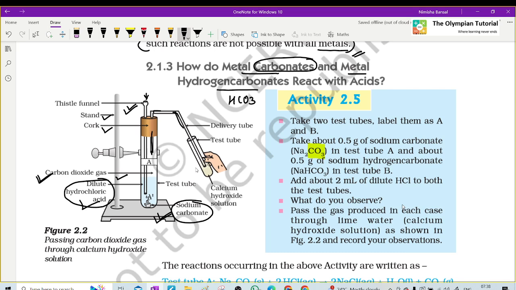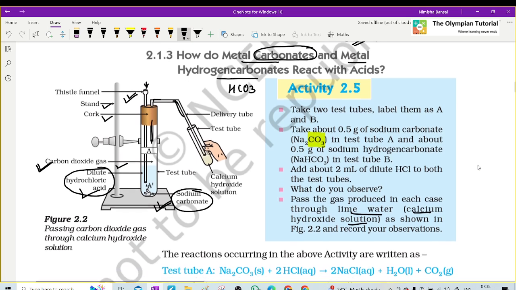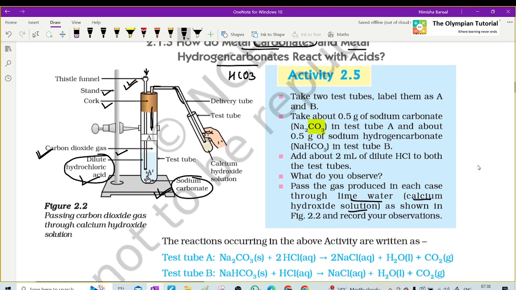Okay, no problem. When carbon dioxide reacts with calcium hydroxide, which is also known as lime water, the calcium hydroxide solution, it will become milky. Now start to read Activity 2.5.